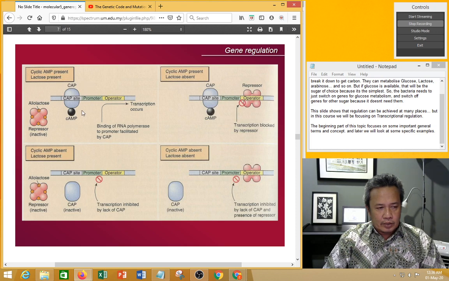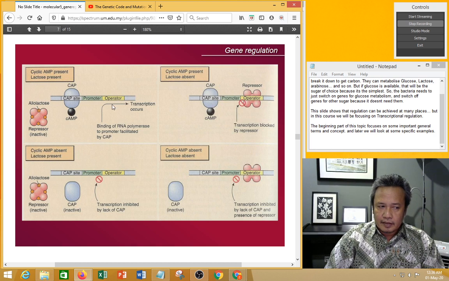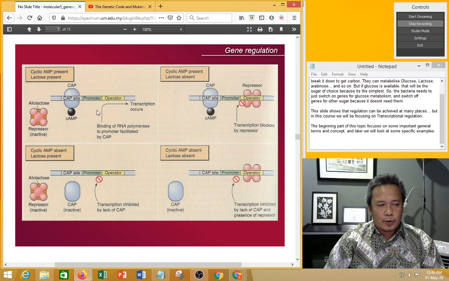In order to get transcription in the lac operon, it not only requires the presence of the inducer allolactose, you actually also need cAMP. If you get cAMP binding to CAP and you have the repressor removed, then you get transcription.